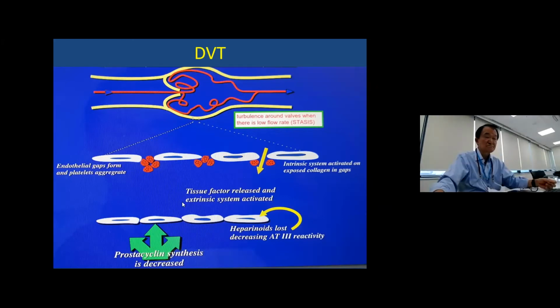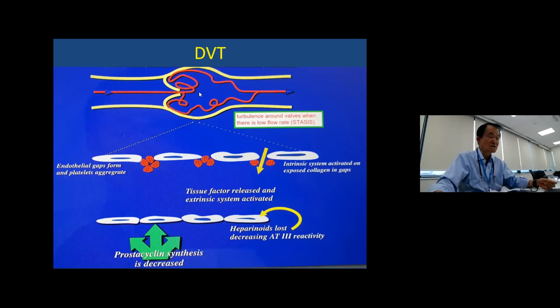We'll continue to discuss the thromboembolic disease. As I mentioned earlier, deep vein thrombosis is a venous clot. In the venous system, there is a valve. When the flow goes through, this valve prevents backflow, regurgitation, so there is normally some turbulence around this valve.